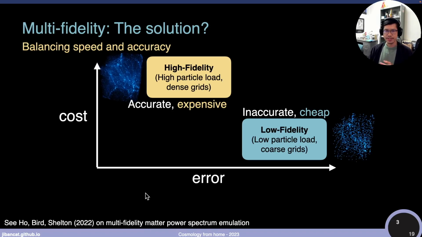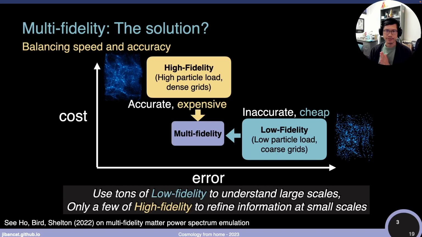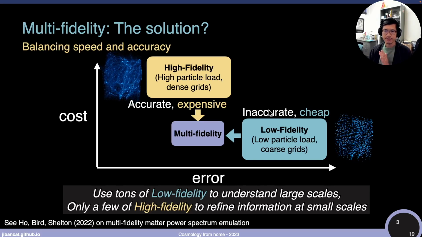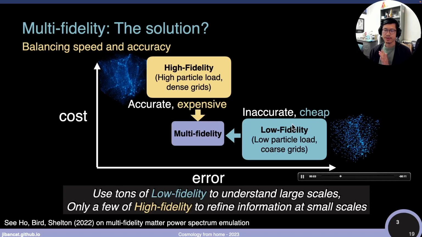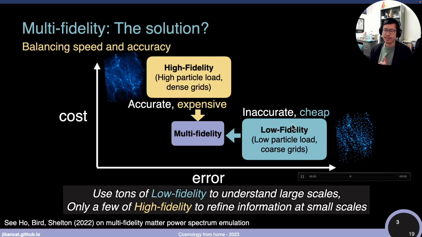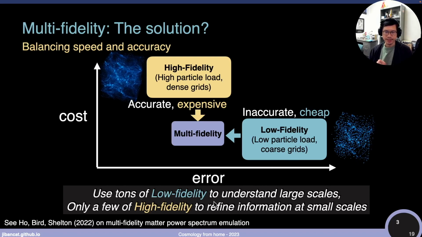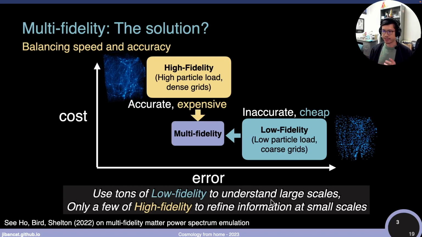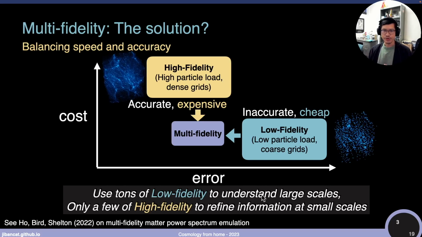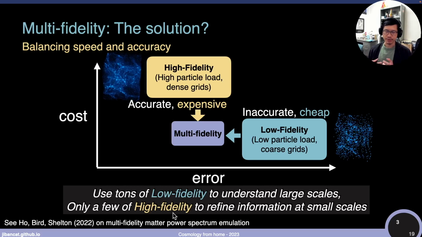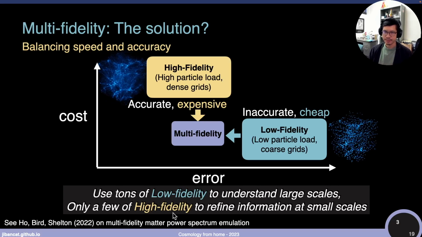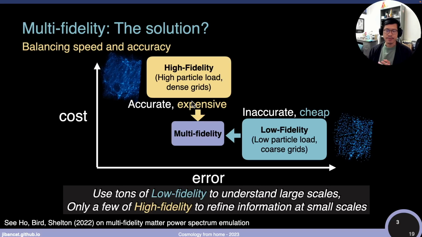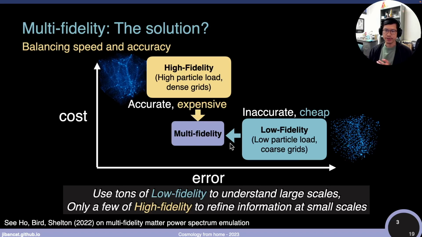The idea is that I have accurate information from the high fidelity simulations, but I only use a few of them. But I have inaccurate cheap simulations, which have the same information at large scales. So I use tons of them to understand how large scale statistics vary with different cosmologies, and use just a few high fidelity ones to refine my information at small scales. In this way, you get lower cost and also lower error.